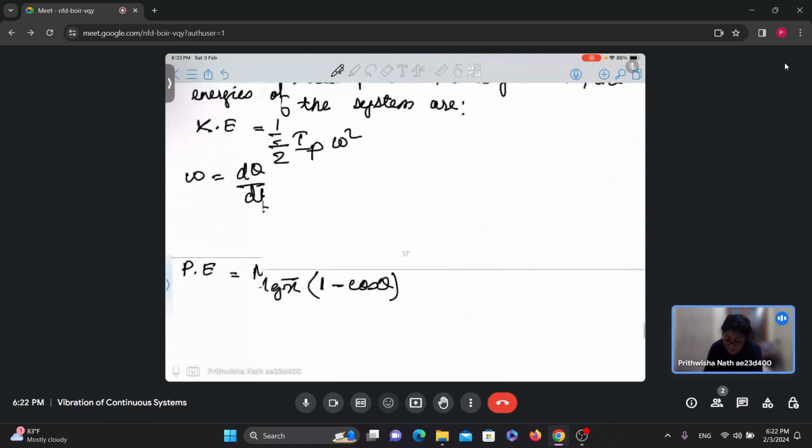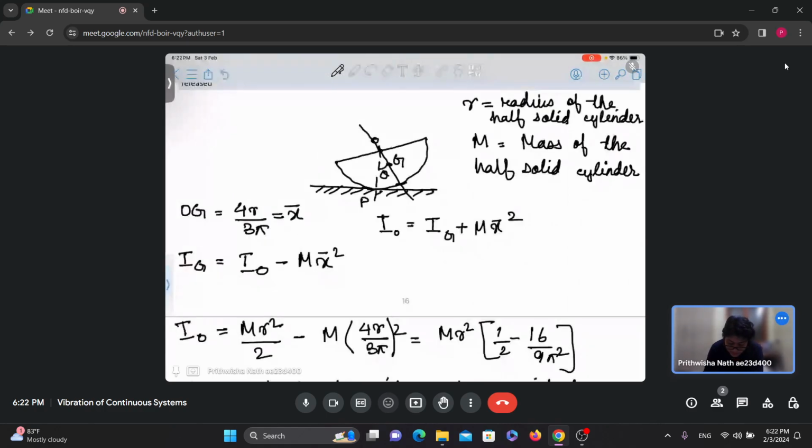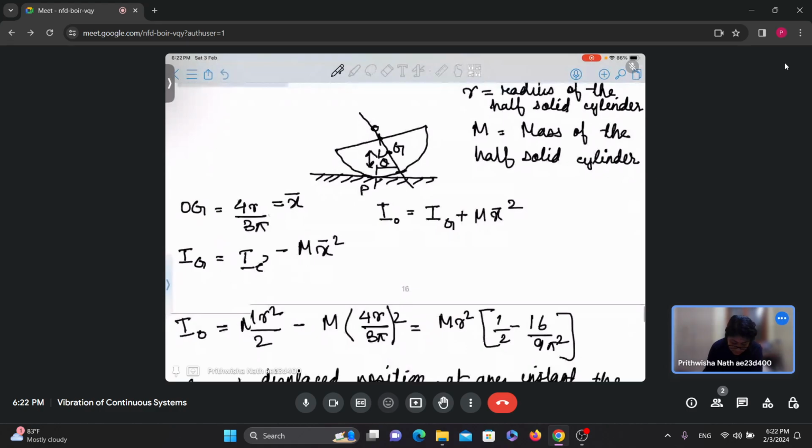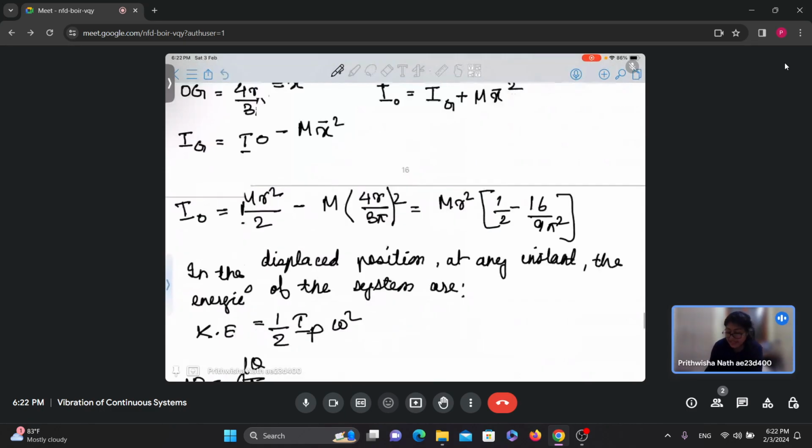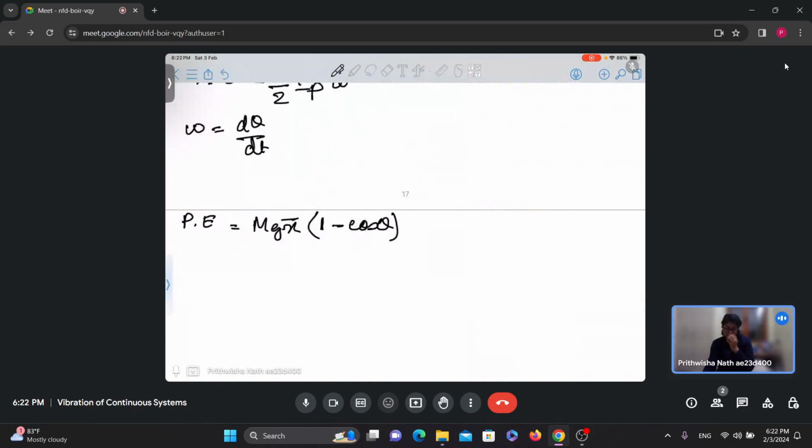Because the system is displaced by this amount, initially theta was 0. So how much is it displaced? It is displaced by this much height. So h, the total displacement, is x bar minus x bar cos theta. Taking common, I can write it as mg x bar into 1 minus cos theta.